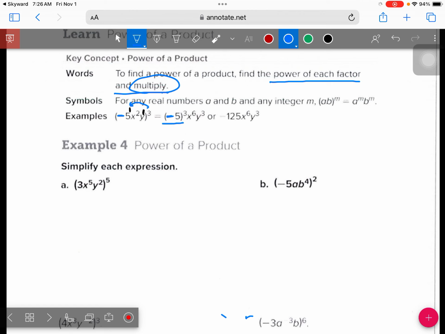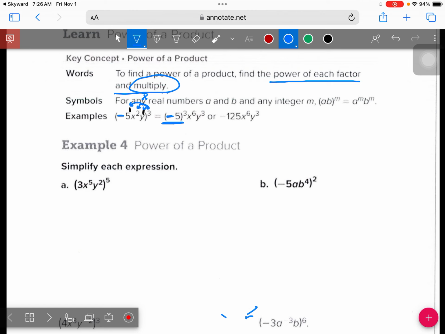And notice how they have negative 5 in parentheses. So if it's a negative, you really put it in parentheses. For x, it is 3 times 2, so that is x to the 6th. For y, it is 3 times 1. So that is y to the 3rd.